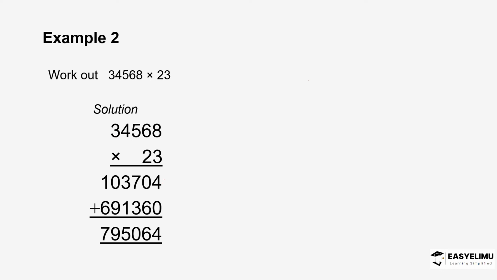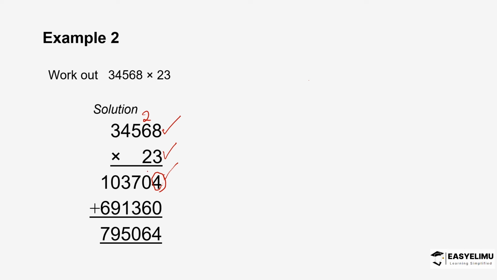So as you do the multiplication, you multiply digit by digit. For example, multiplying 8 by 3 gives us 24. So we write 4 here, and then 2, we carry it over to the next one.